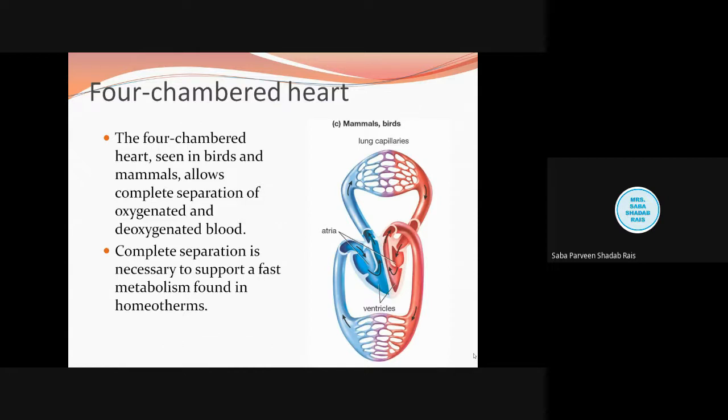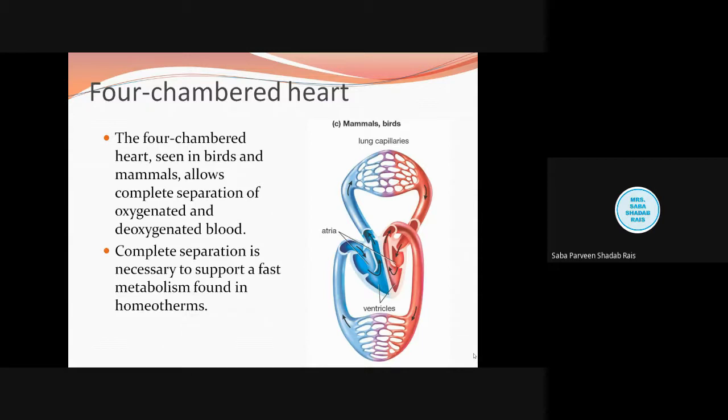This is very helpful to set up the proper separation of oxygenated and deoxygenated blood, because now the route is completely changed, so there is no chance of mixing of such blood. Now why is this necessary?